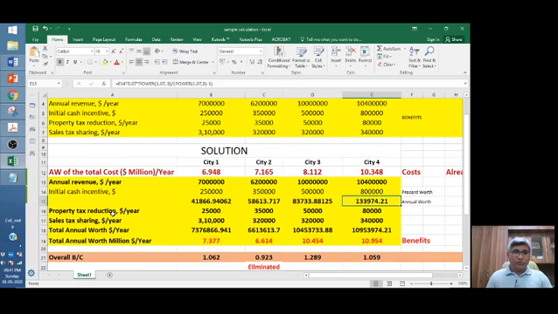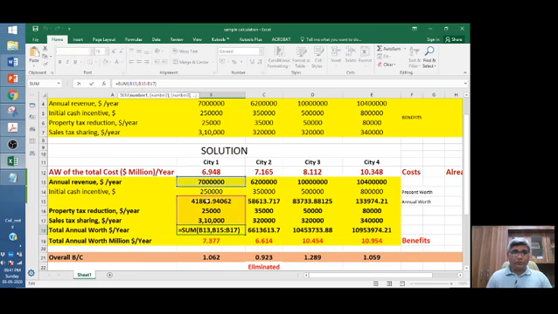Now the tax reduction is already given per year, so no conversion is needed. To get the total annual worth associated with the benefits, we add this plus this plus this plus this. I have summed them, this one, B13, already in annual form, and the rest are added, and I have already converted the present worth into annuities.